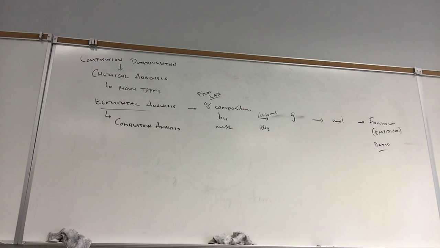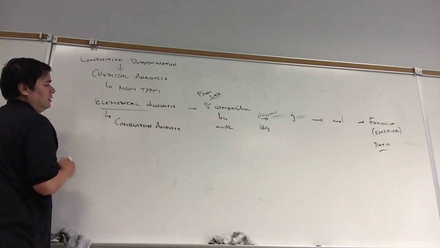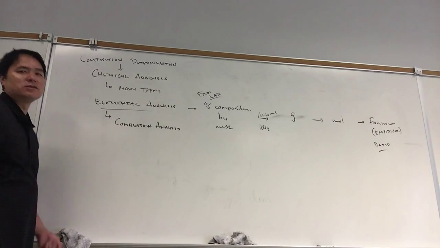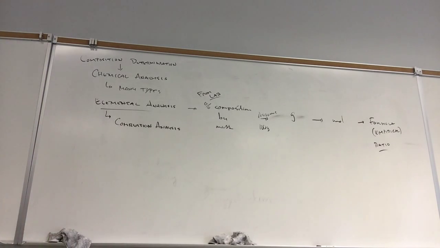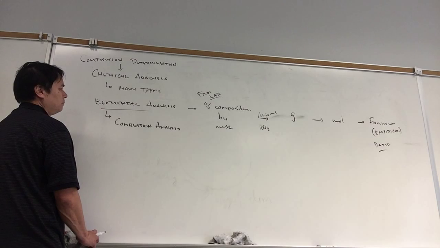You don't need any sophisticated stuff except a very sensitive balance. The disadvantage is your sample has to burn. If your sample does not combust, then it's not going to work. So primarily this is limited to mostly organics, since organic chemicals tend to be flammable.